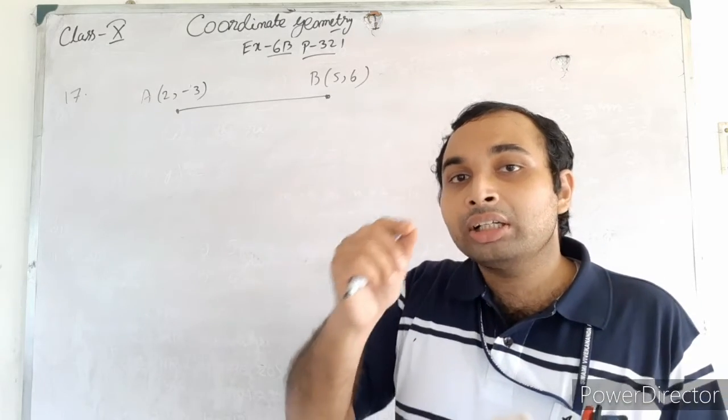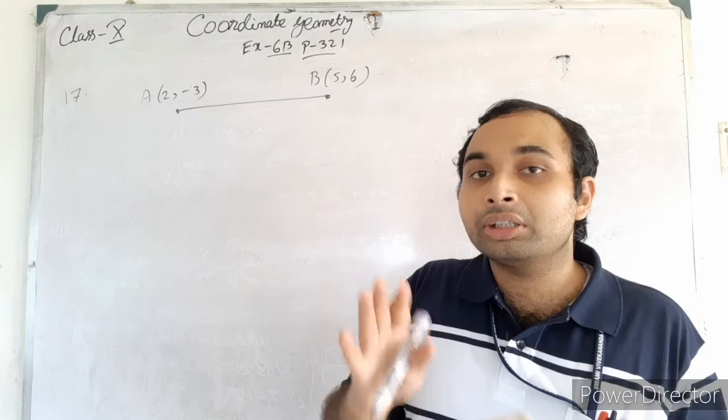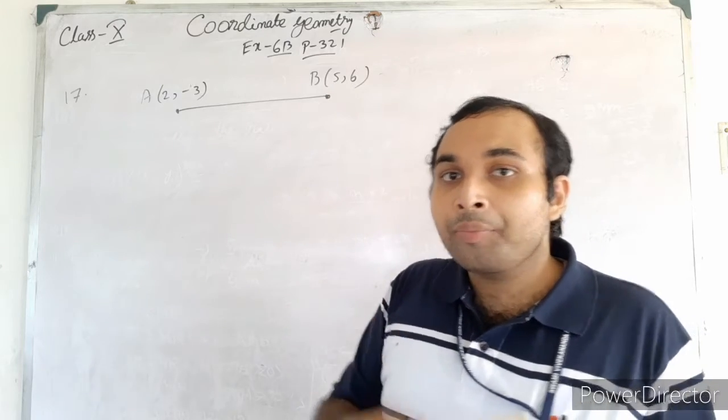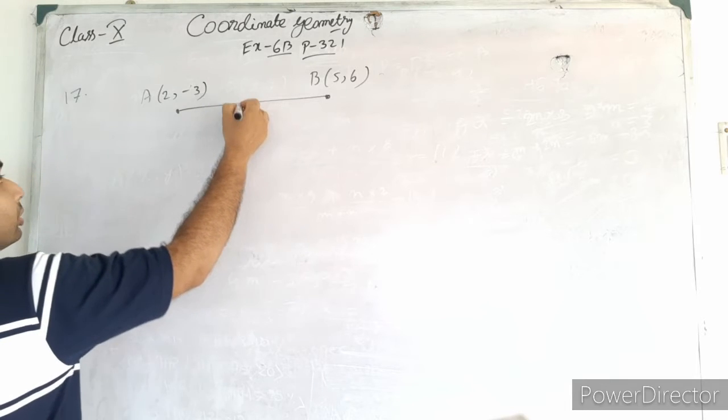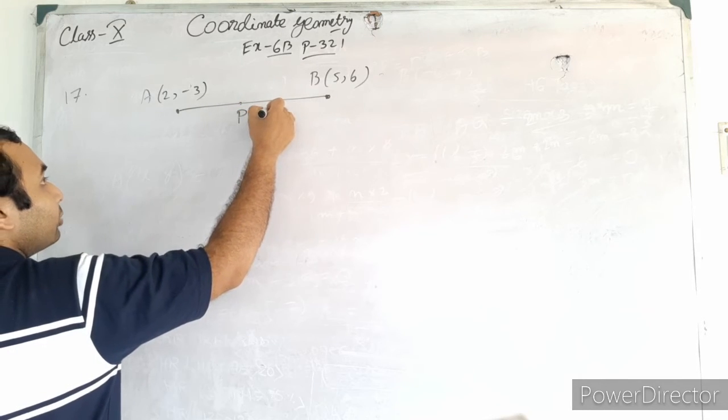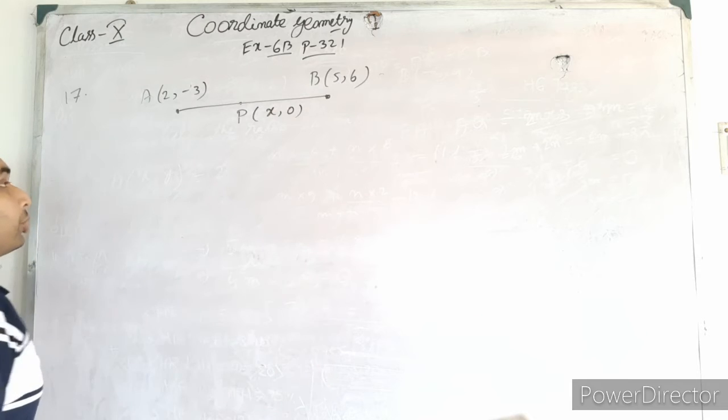So what is the general form of a point on the x-axis? Do you know it? The ordinate will be 0. So if the point is P, we can take it as (x, 0).